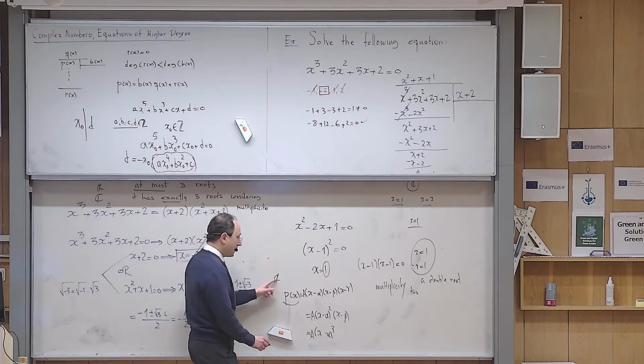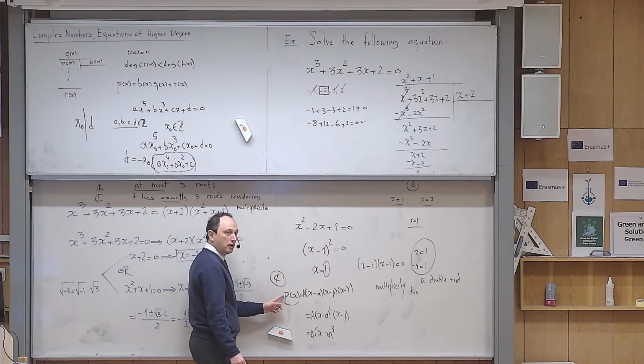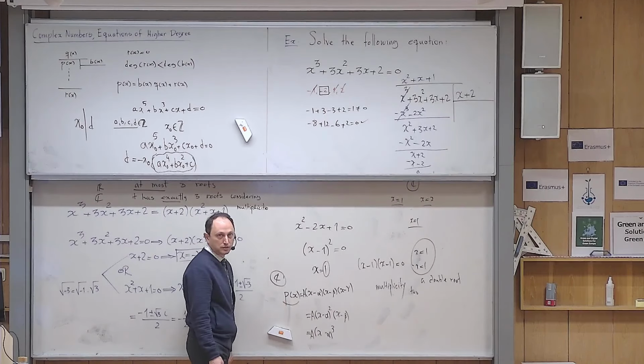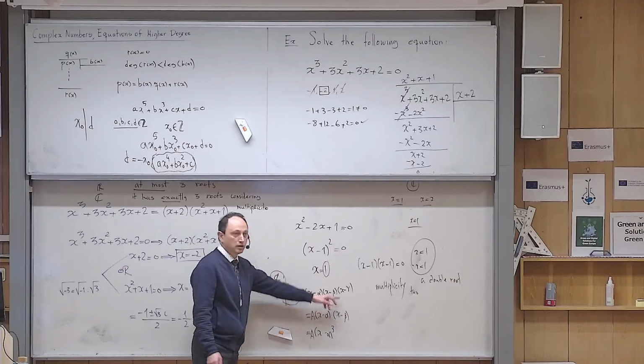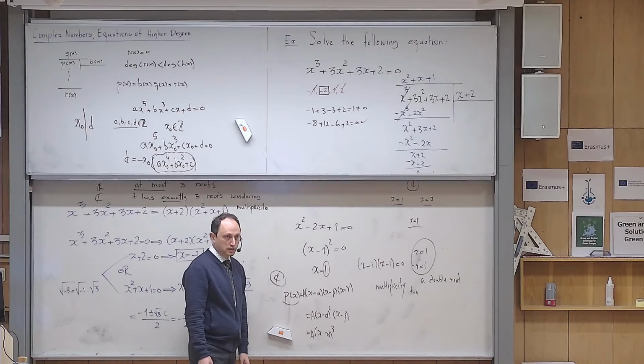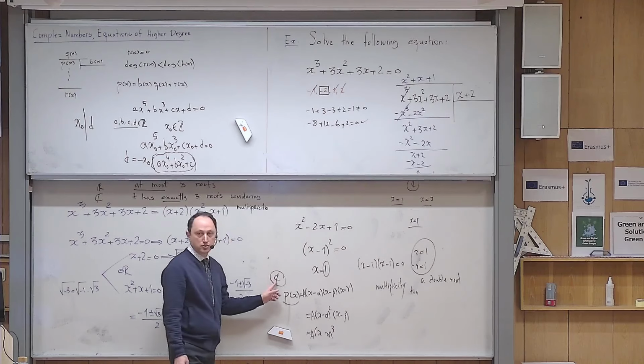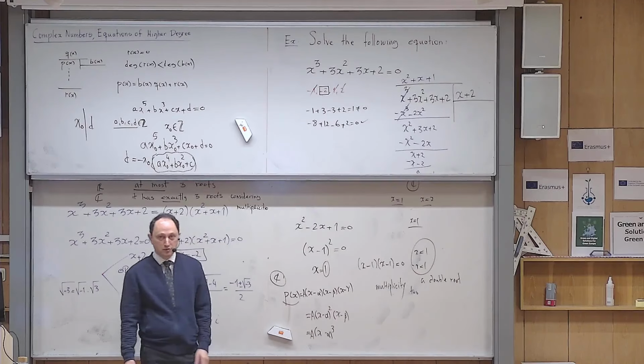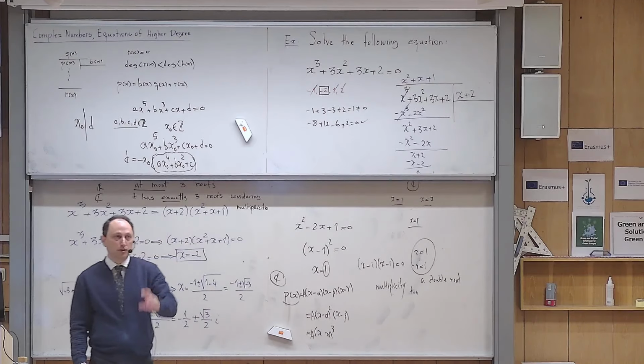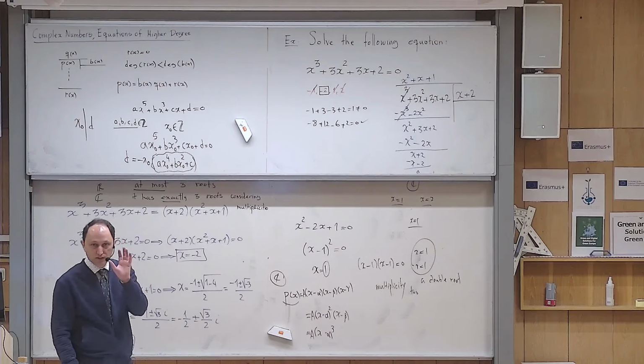If you are allowed to work with complex numbers, every polynomial can be fully factorized into degree 1 polynomials. Yes? But if you limit yourself to the realm of real numbers, that is not guaranteed. It is guaranteed, though, that it will be a product of first degree polynomials and second degree polynomials.